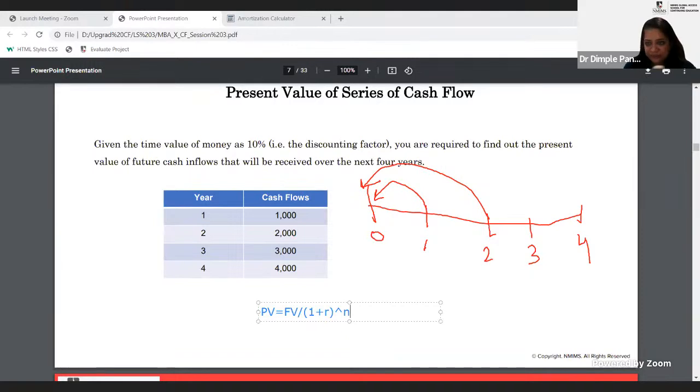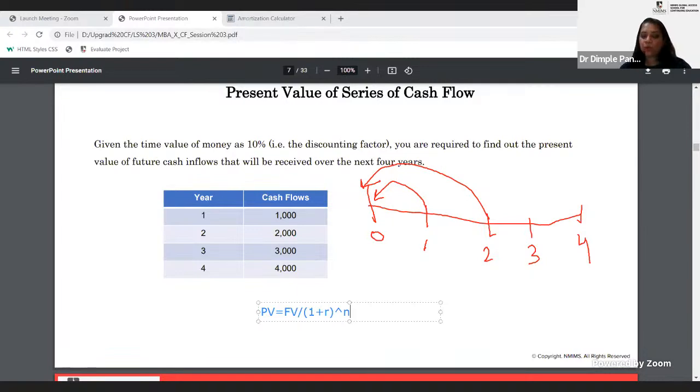Now, when I have to discount this for multiple cash flows, how would you discount? What is the amount I should be investing today so that, as a corporate finance manager, I get 1,000 rupees in the first year, 2,000 rupees in the second year, 3,000 rupees in the third year, and 4,000 rupees in the fourth year?